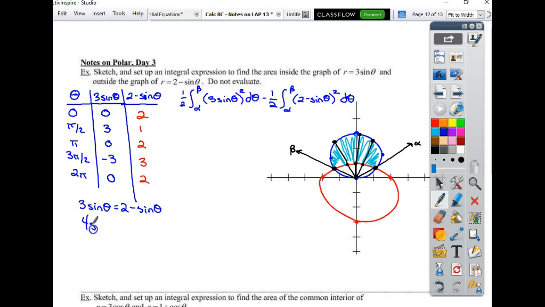We're trying to figure out when is 4 sine of theta equal to 2? When does the sine of theta equal 1/2? So when is sine 1/2? Pi over 6 and?